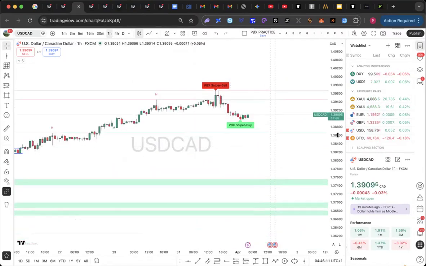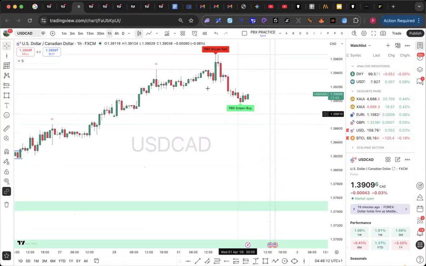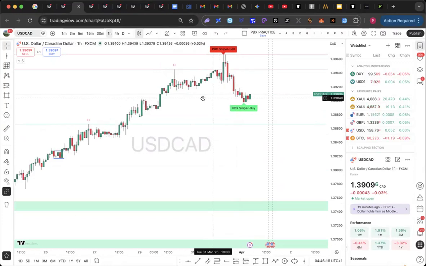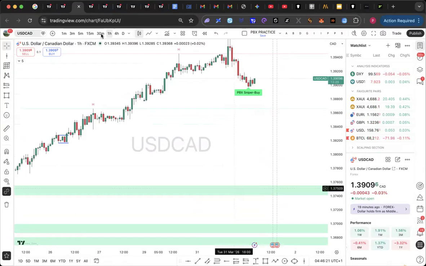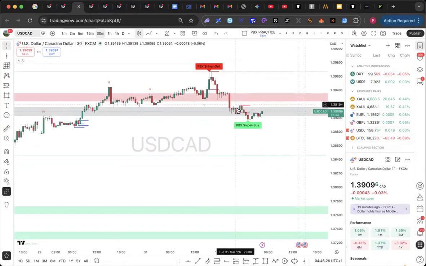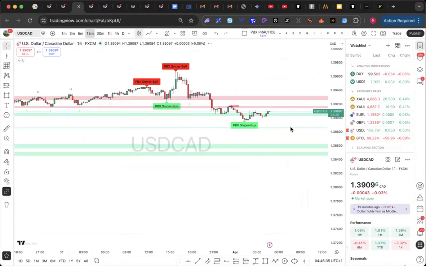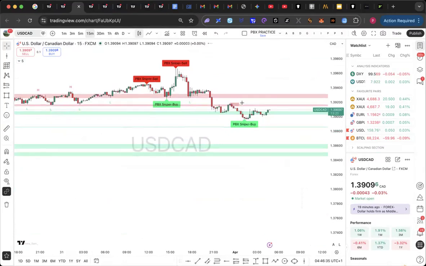So this is now a pullback for this sell. So that means the sell will still continue. All right. Look at the support down there. It's just like a pullback. So the sell will continue. So this type of market, you're looking for sell. Okay. So your scanner has really helped you to look at the market clearly.